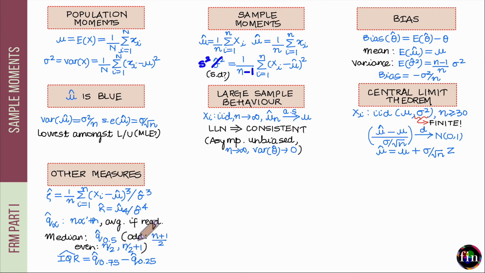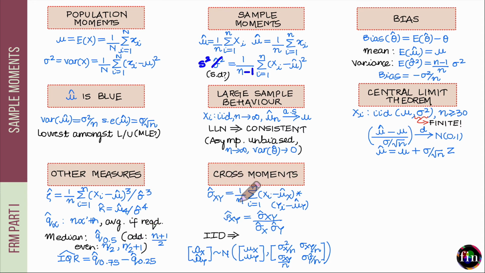Okay. Next, let's talk about cross moments. If let's say you have a sample which has these many members in it, and for each of these members you have observed a pair of values x and y, then you can use this information to estimate the covariance between x and y. The estimator would look something like this. Covariance would be estimated as the simple average of the product of the deviation of x from its own sample mean and deviation of y from its own sample mean.